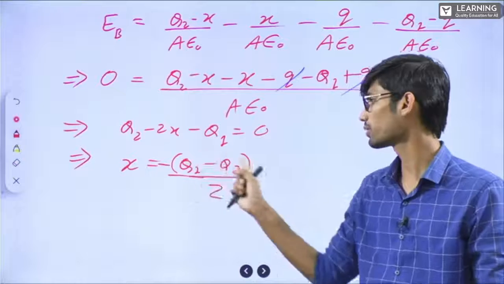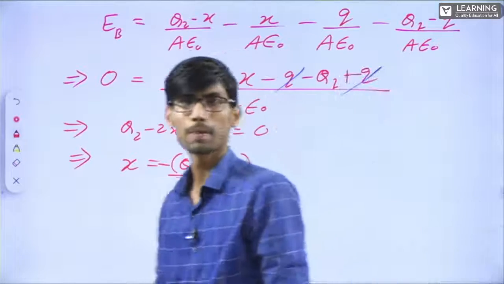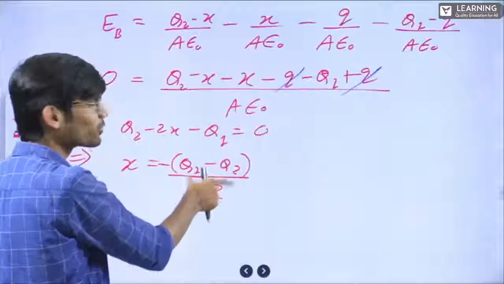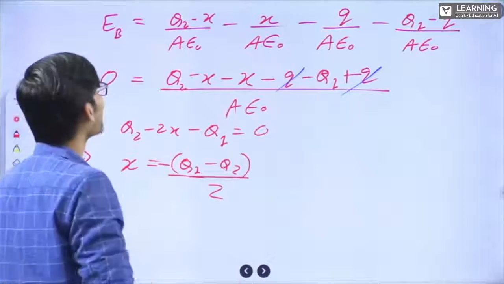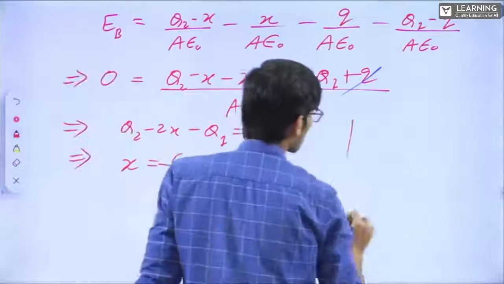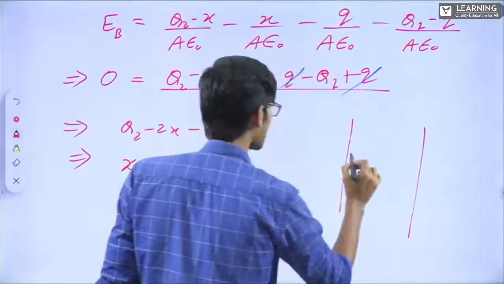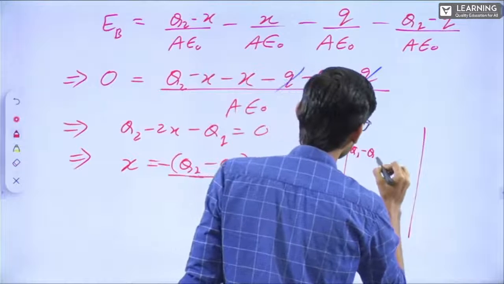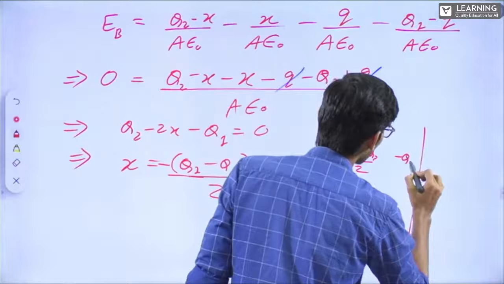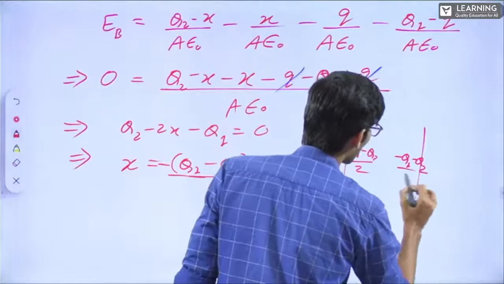This is what it is written. Correct? See, this is Q1 minus Q2 by 2. This is minus of Q1 minus Q2 by 2. Equal and opposite charge came at the inner surface, Q and X. Okay. Q is here, Q is Q1 minus Q2 by 2. X is minus of Q1 minus Q2 by 2.